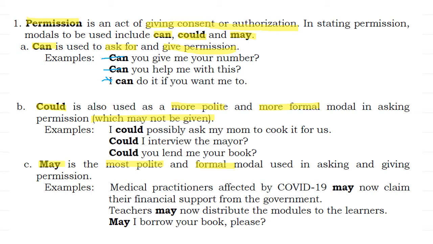So, these three, can, could, and may, are the modals used for permission. They vary in their intensity of use. Can is the most commonly used. We usually use this when we are talking to someone of our age or level. Could is used as a more polite and more formal way, while may is used in the most polite and formal manner.